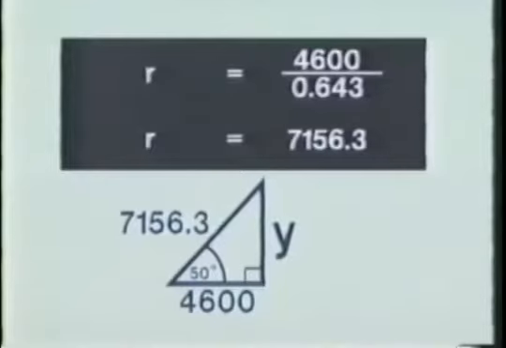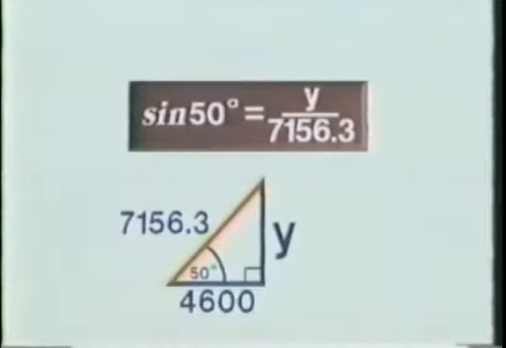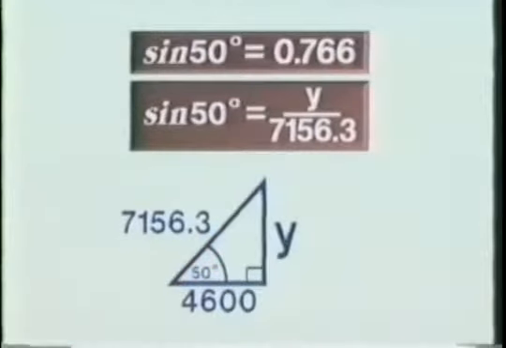We can now find the length of y using the sine ratio. The sine of 50 degrees is y divided by 7,156.3. And sine 50 is 0.766.